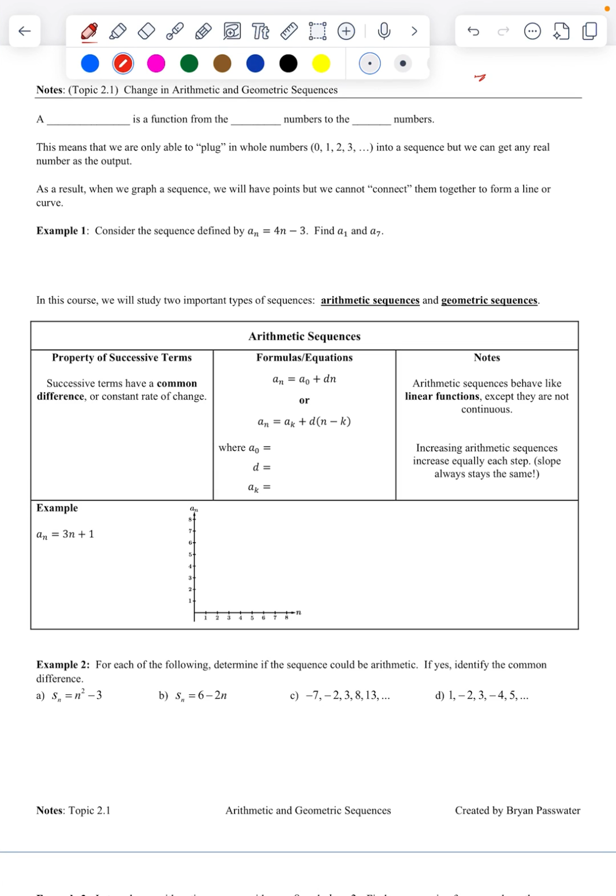Alrighty, so moving forward in Unit 2, we're going to start off by reviewing arithmetic and geometric sequences. So like we said in class, a sequence is a function from the whole numbers, so that's going to be our domain. Our domain is only whole numbers to the real numbers.